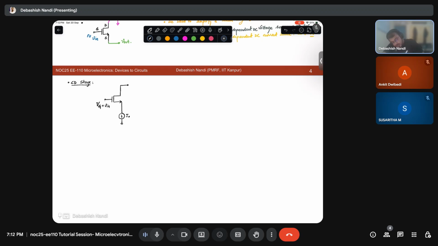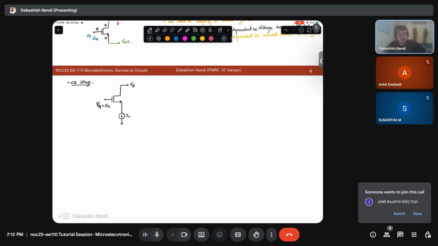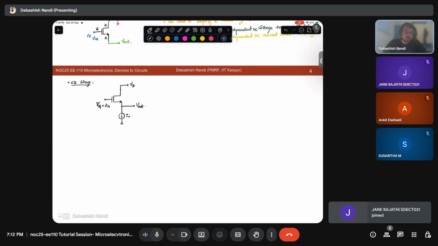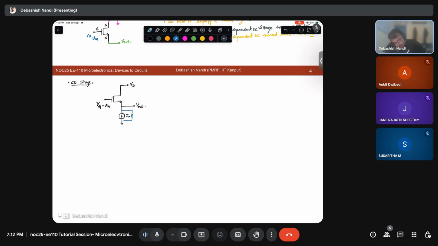This will be basically biased to your VD, and then you take your V out from this node. Right? Now it happens that your current sources are not generally ideal, so it will always see a resistance parallel to this. Let's say this is the resistance of the current source.